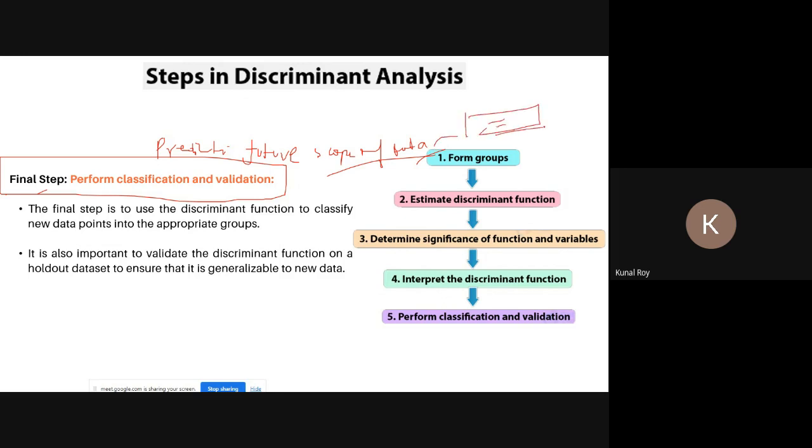As a shortcut we can say FEDIP. It has steps: first form groups, then estimate the discriminant function, then determine the function and variables, then interpret that discriminant function and perform the analysis. So these are the main steps behind discriminant analysis.